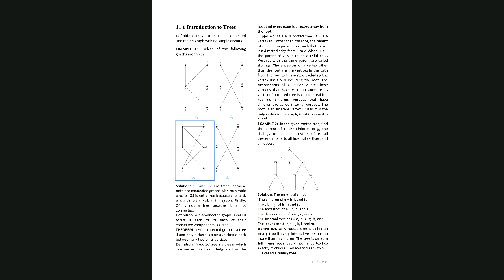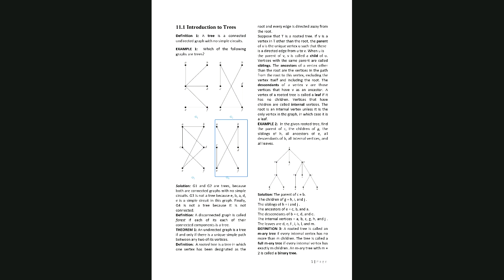Now next graph we will see, graph number 4. Is this graph a tree or not? Is it connected? No. See here C, E, B, D, this is one part and AF is a second part. Mean it has two parts.